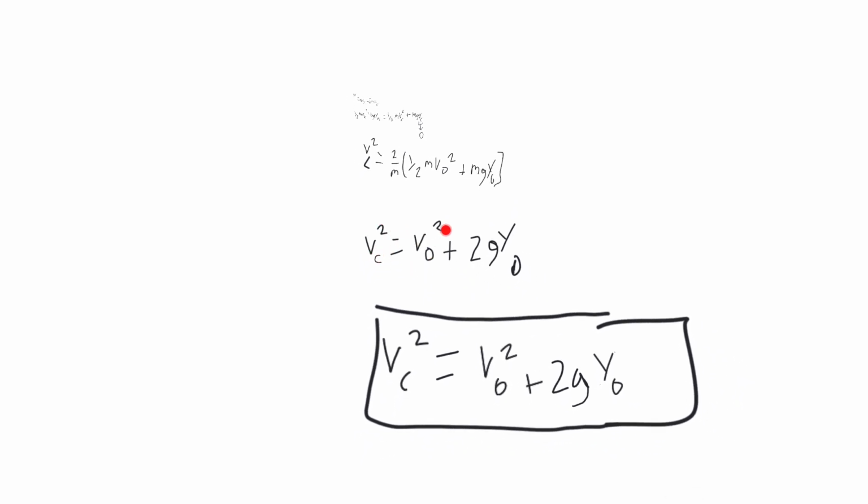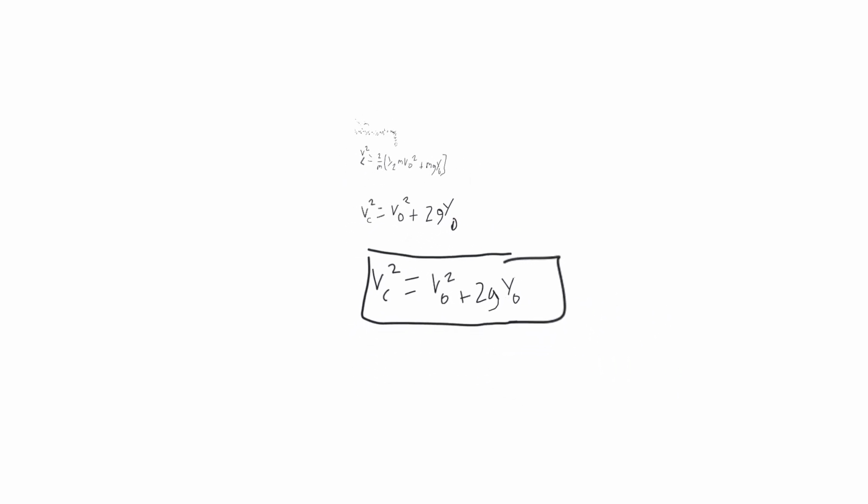Vc squared equals v0 squared plus 2gy0, and that's the same equation there. And basically you can put in any initial velocity, and when you square root it, at the end you would get the velocity of C, right? And that's about it.